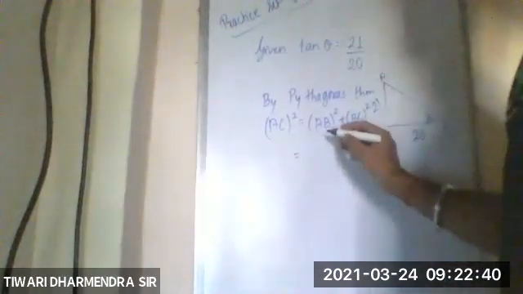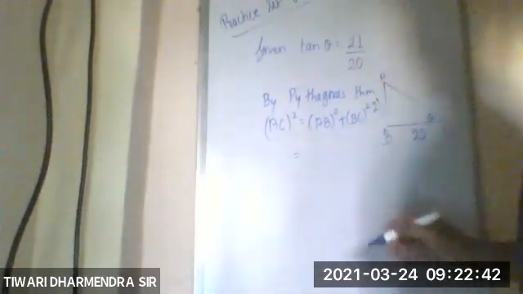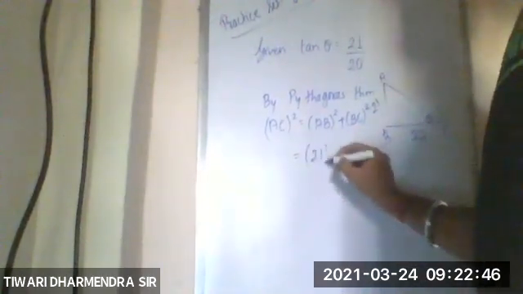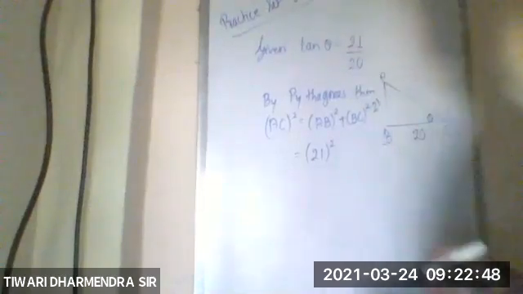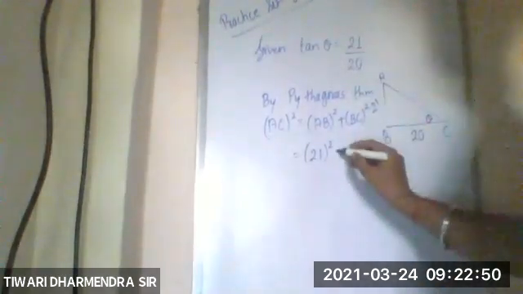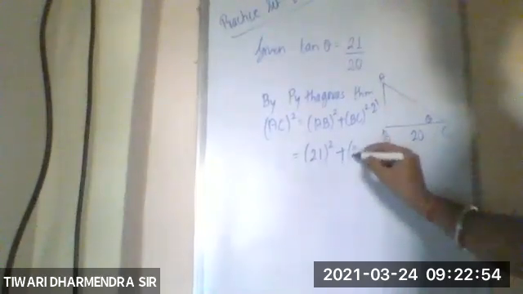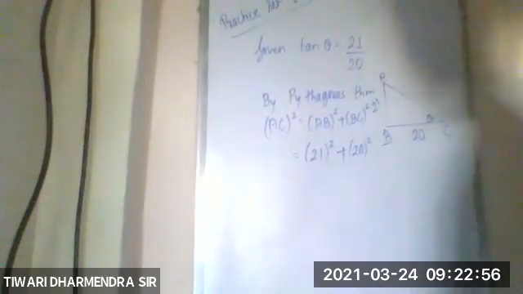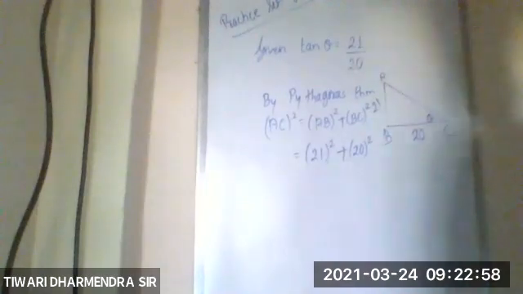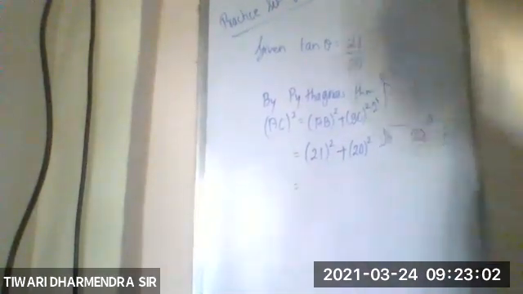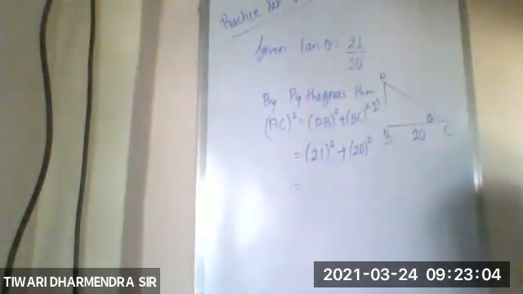I'll be giving you 1 to 2 minutes to do the calculation. Very easy. 21 square plus 20 square.